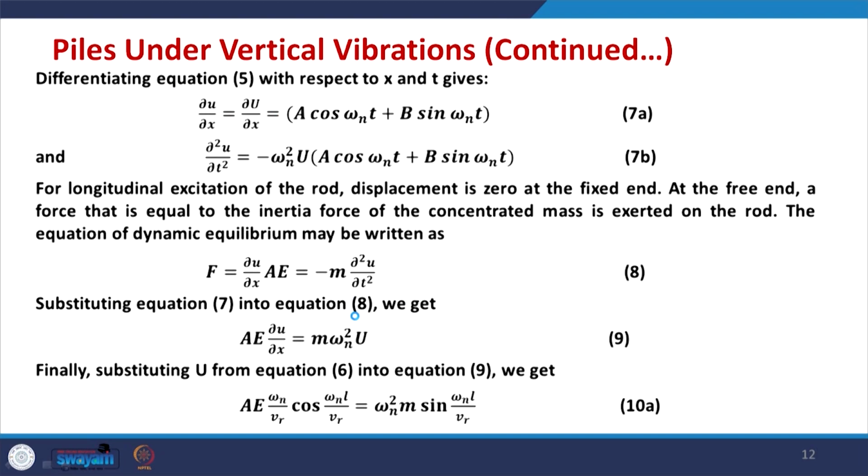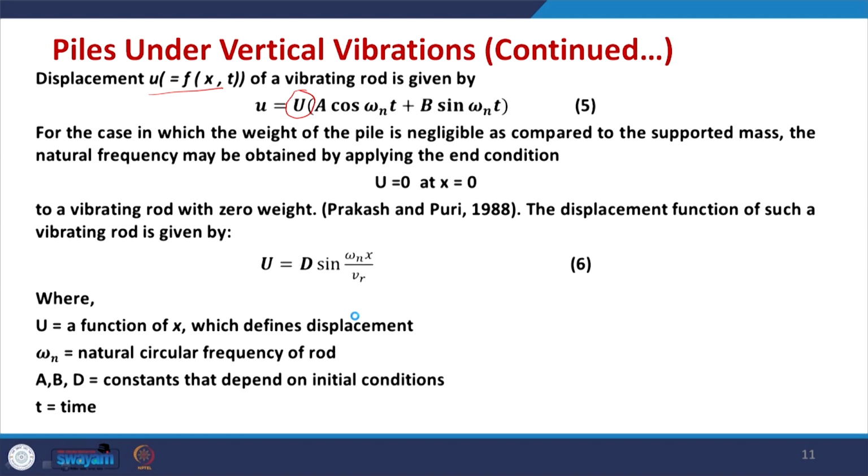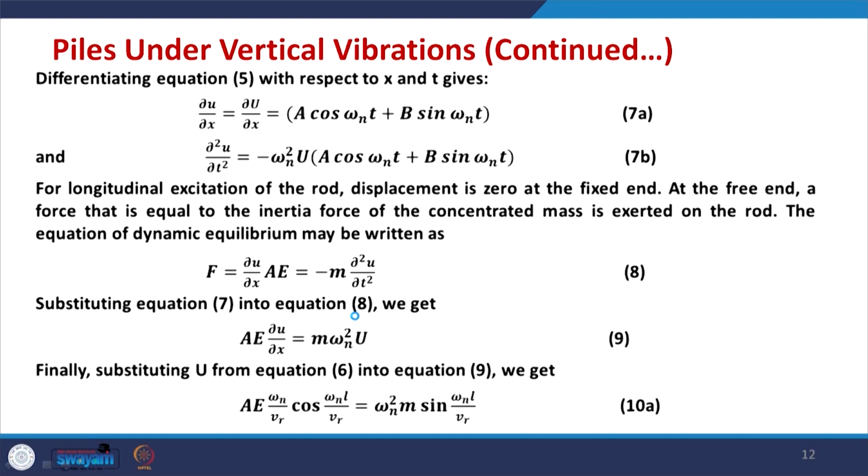Then, to get the solution by applying the boundary conditions to find the values of the constants a, b and d, we do some manipulation and simplification. First, the derivative of u with respect to x, which represents the slope, is given by equation number 7a, while the second derivative of small u with respect to time is given by 7b. Now the force displacement relationship is given by equation number 8, where F is del u by del x into AE.